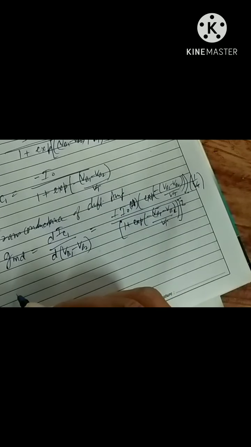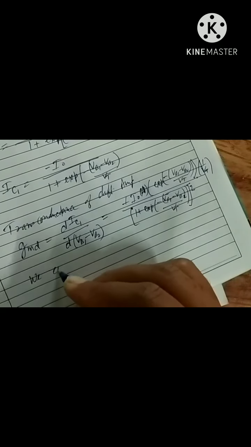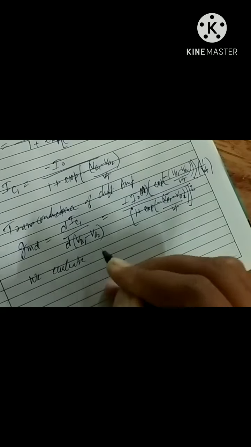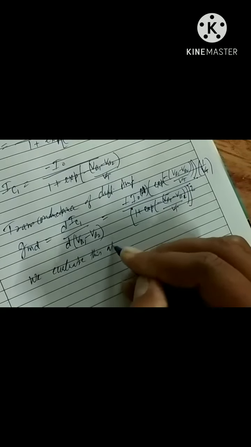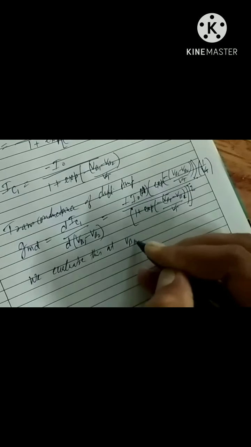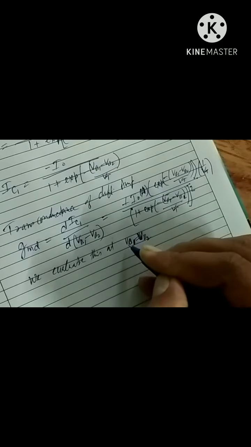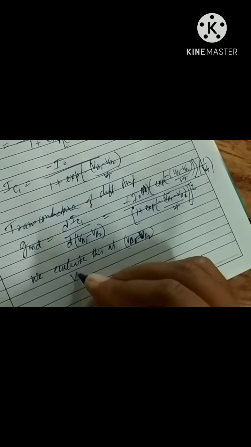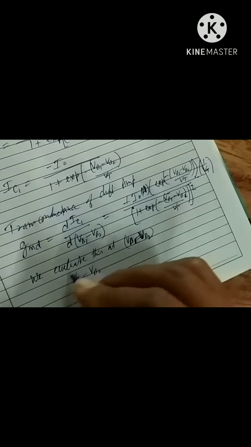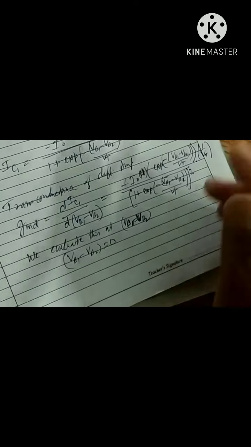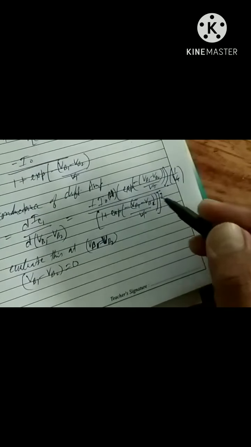Now if we evaluate this at VB1 is equal to VB2, that is, VB1 minus VB2 is equal to 0, then we evaluate this.